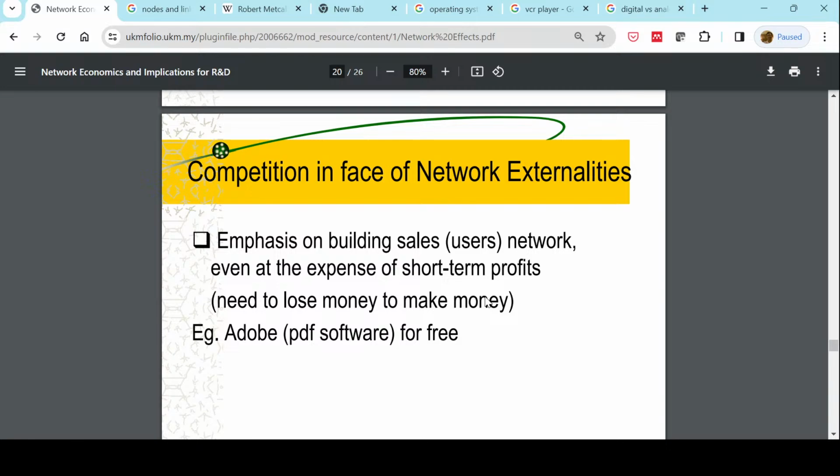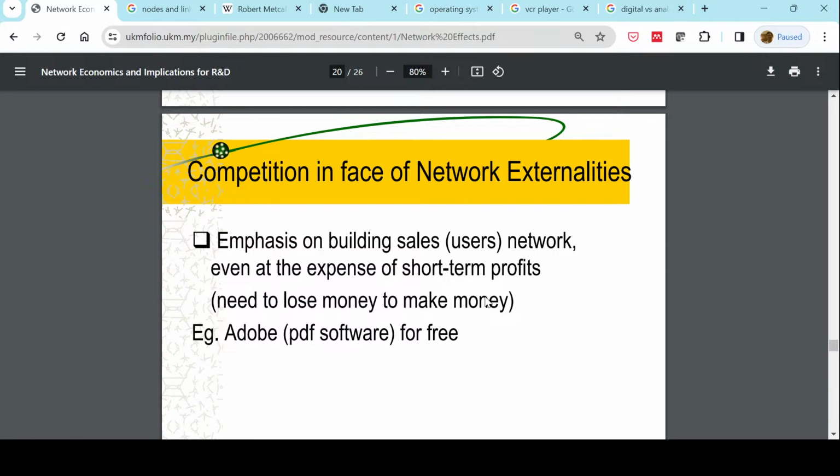So the terminology came to be known as virus. You need antivirus. All these companies that provide antivirus, they give it for free in order for people to start using. And then if you want to get a better package, you have to pay. So need to lose money to make money.